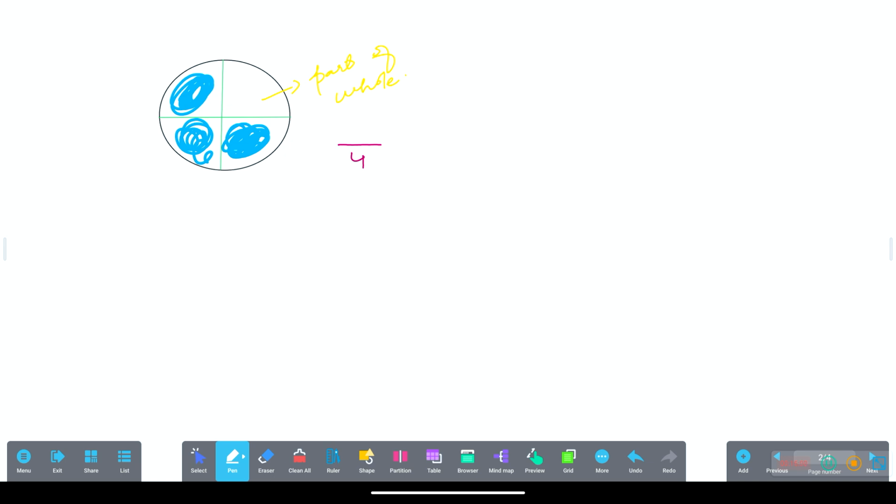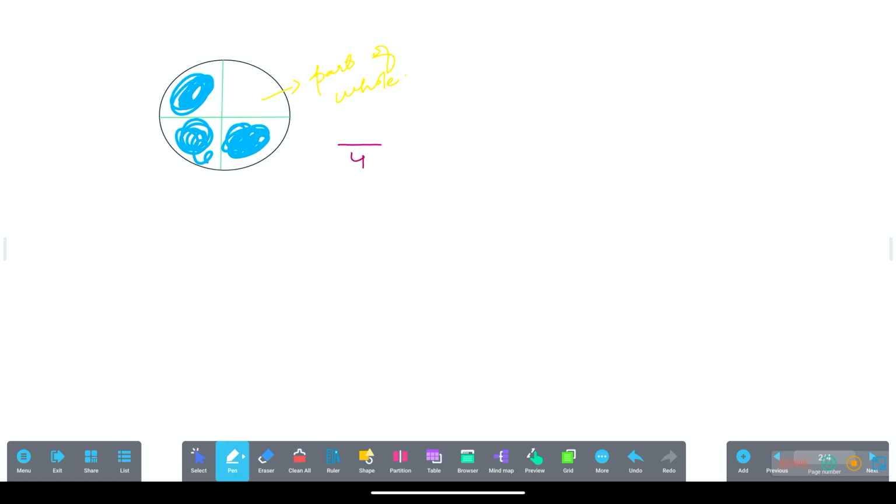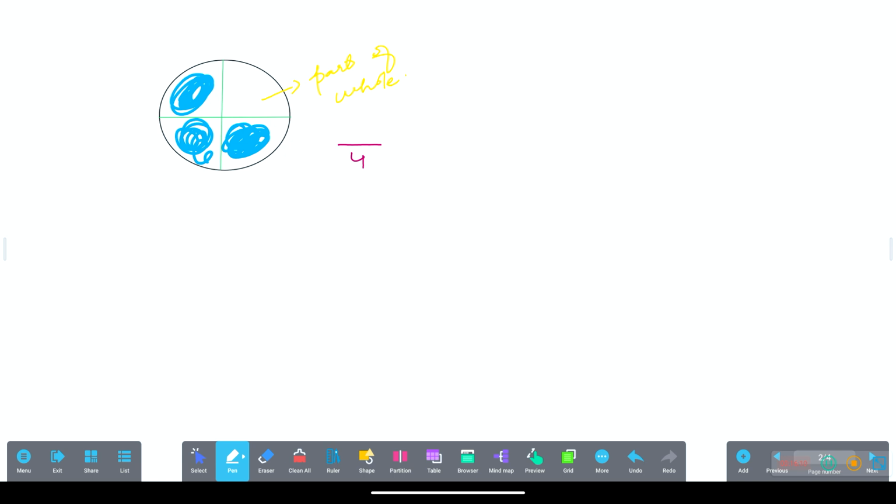Now the question is, sir, how will we represent this colored portion out of 4 mathematically? It's simple. Out of 4, the total number of parts in the whole, you will put at the bottom. And at the top, you take the number of parts you are taking. 3 parts have been colored, so it will be 3 by 4.